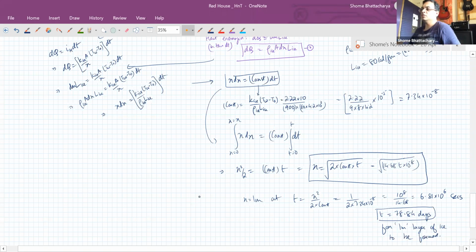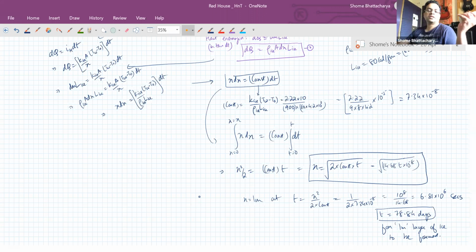You can see it is a combination of the various interesting physical properties of H2O: its anomalous expansion, which means that the ice floats on top; the fact that ice is a poor conductor of heat, its thermal conductivity is only about 2.22, very poor compared to metals, whose thermal conductivity is of the order of 100 watts per meter Kelvin; and also the fact that the latent heat of ice is comparatively very large. So a lot of heat needs to be conducted out for a small amount of ice to be formed by freezing.